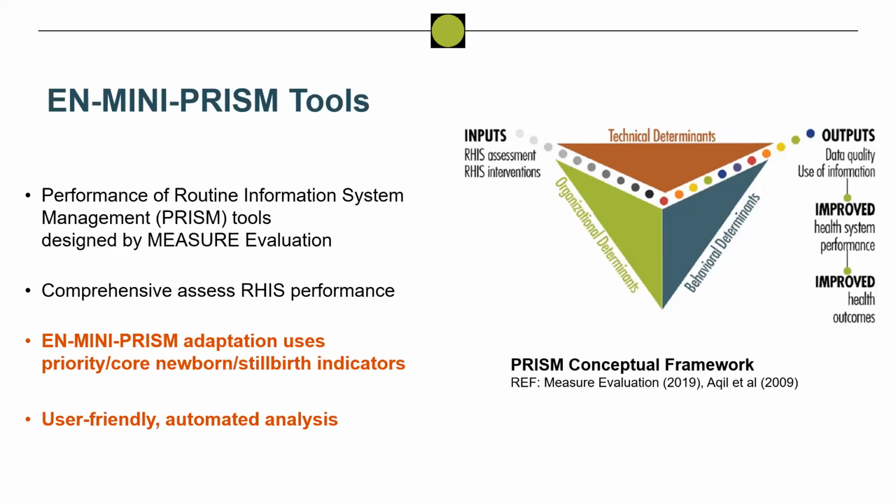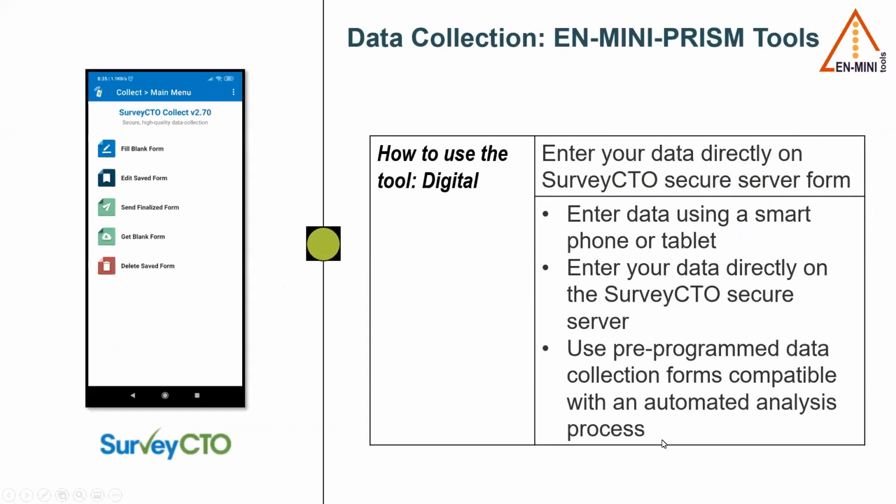The EN-MINI PRISM adaptation uses priority core newborn and stillbirth indicators. And additionally, we've added some user-friendly components, including automated analysis. As you can see in the PRISM conceptual framework, there are important technical determinants, organizational determinants, and behavioral determinants in order to achieve high-quality data for use. I'm going to pass to Hattie now.